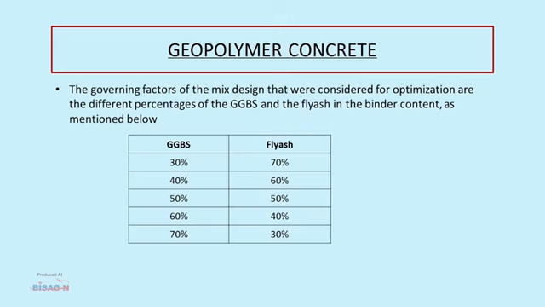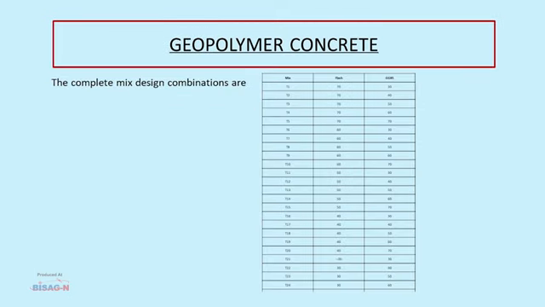The governing factors of the mix design that were considered for optimization are different percentages of GGBS and fly ash. A complete mix design combination for the 25 trials has been shown here with different percentages of GGBS and fly ash.